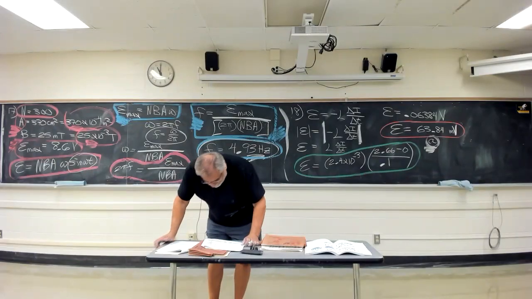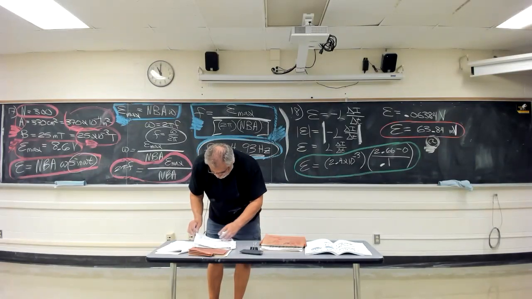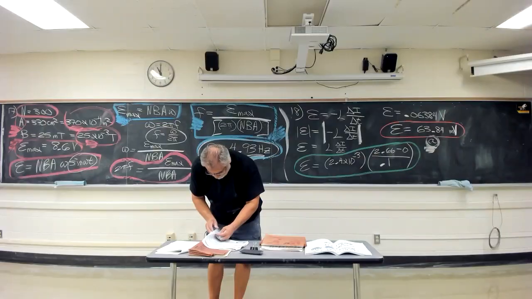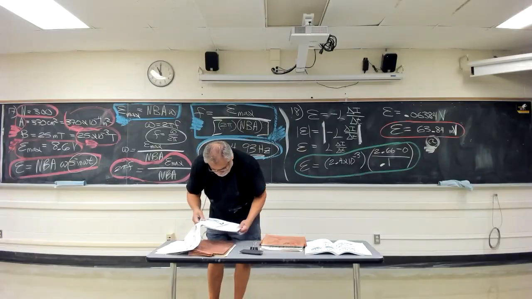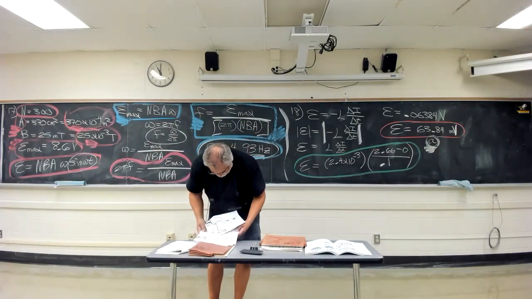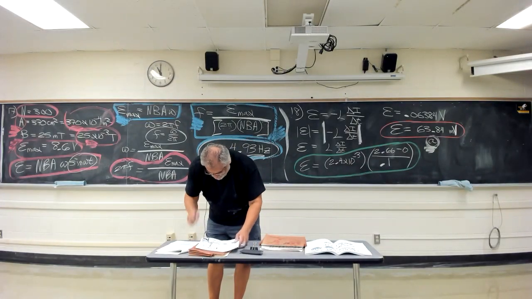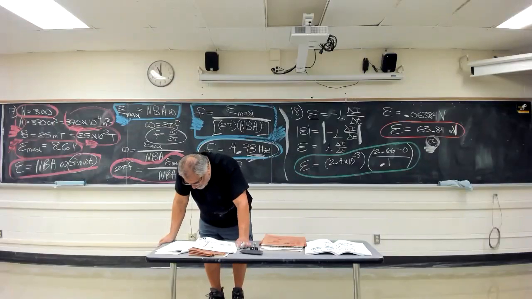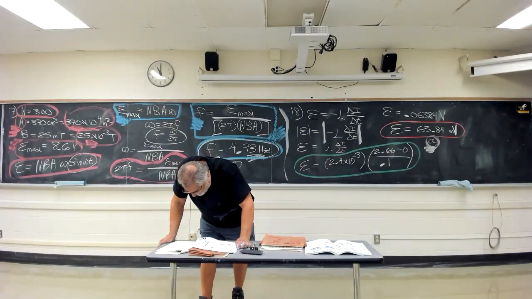For number 24, they're doing some neat stuff here. When a 47 microfarad capacitor is attached to an AC source, its capacitive reactance is 42.0 ohms.